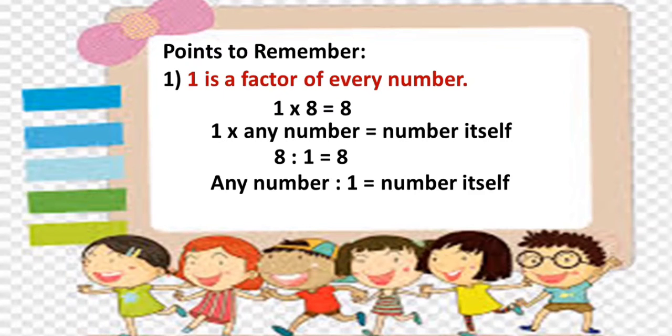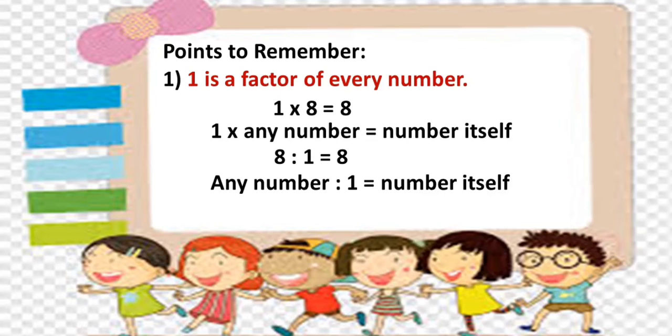The first point is 1 is a factor of every number. Jadi, 1 itu adalah faktor dari semua bilangan apapun. 1 times 8 is 8, and 1 times any number is equal to the number itself.